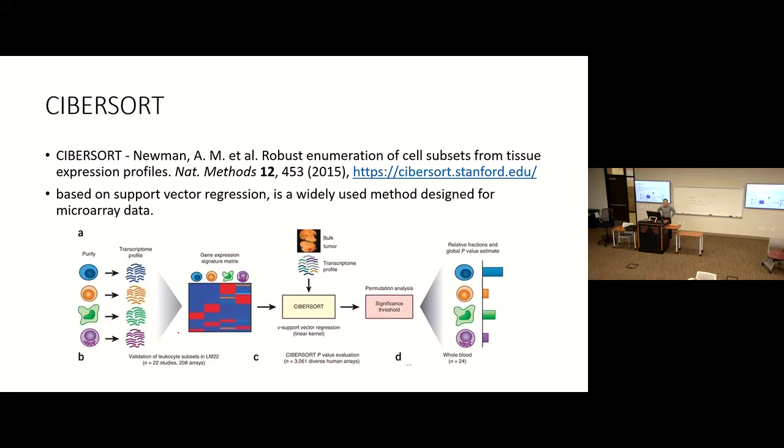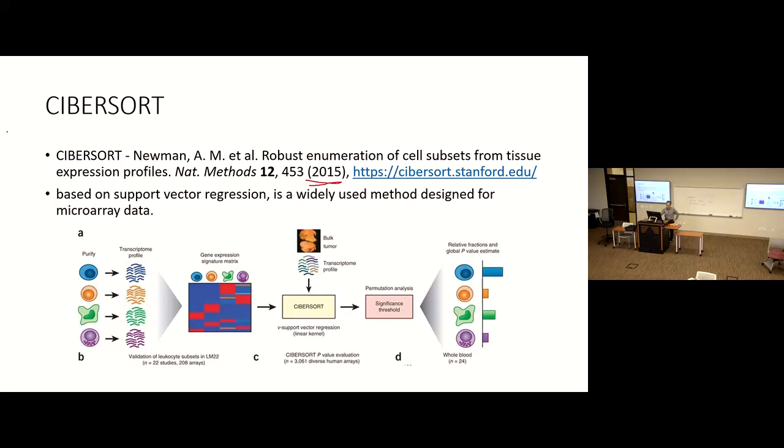So there is a program called CIBERSORT that has been around for many years, 10 years already. The idea is to use single cell expression profiles we learned from individual single cell studies to build a profile of different cells.